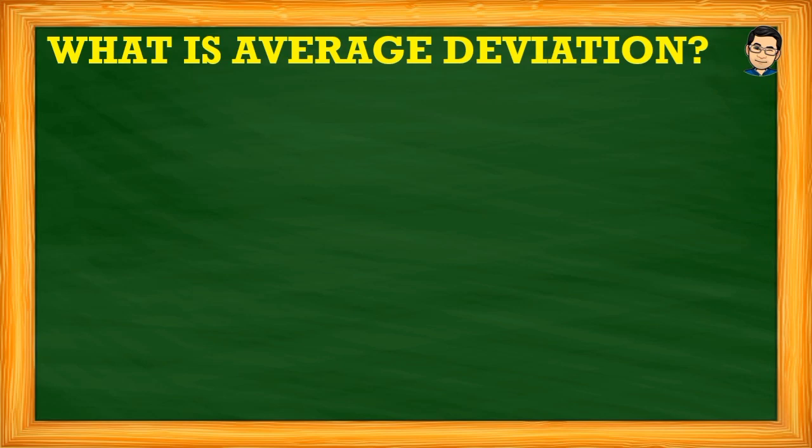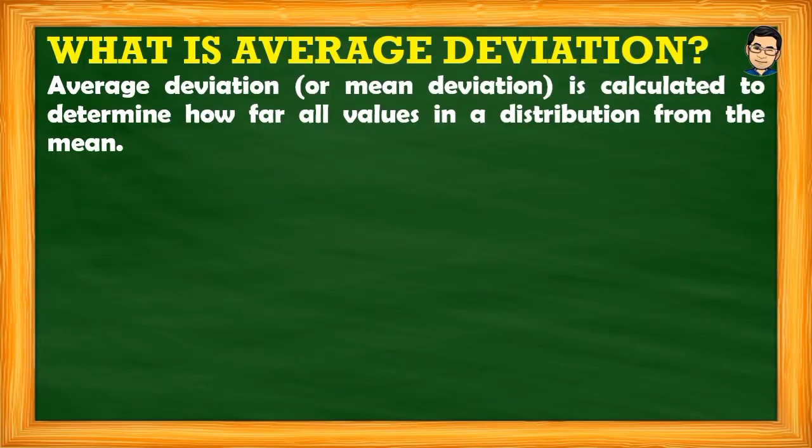So, again, to discuss what is average deviation. Average deviation, or also known as mean deviation, is calculated to determine how far all values in a distribution are from the mean.